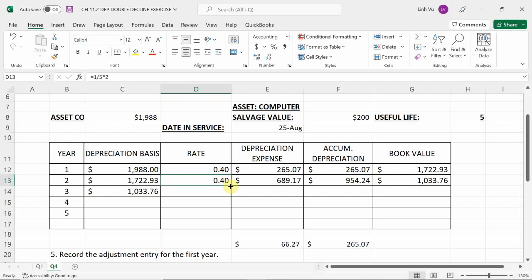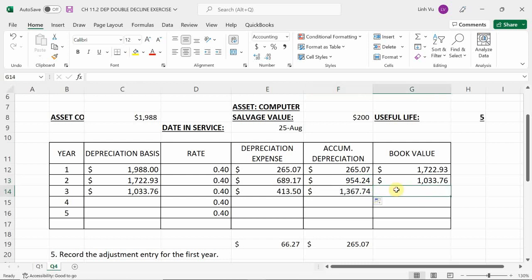What's my rate going to be? 40%. Okay, that would be $413.51. 50 cents, good. What's my accumulated? $1,367.74.